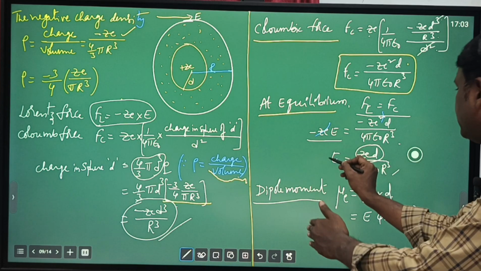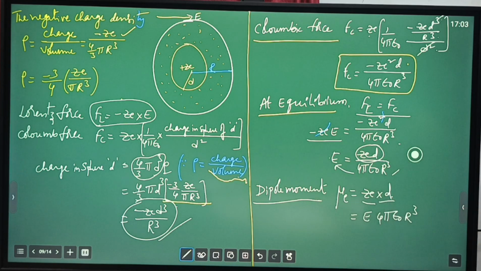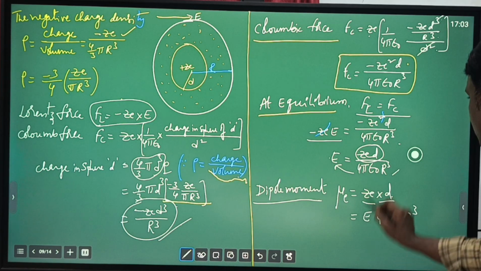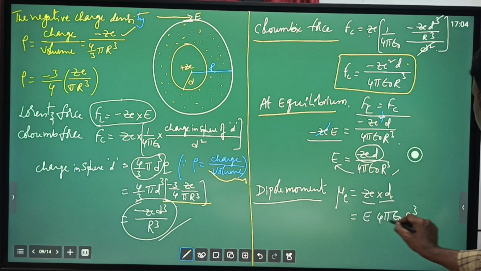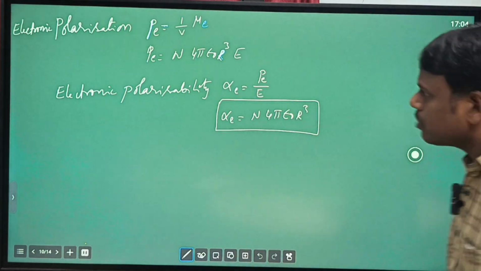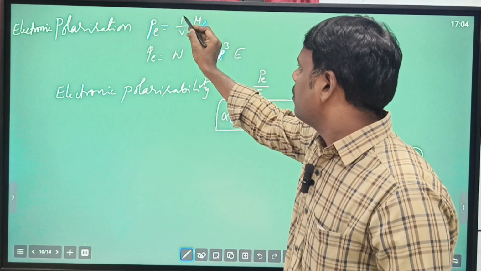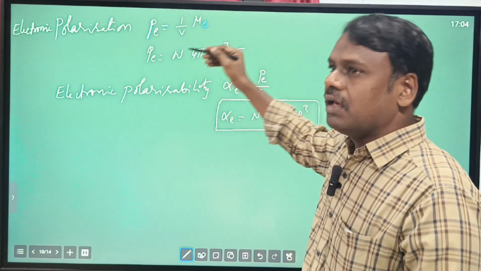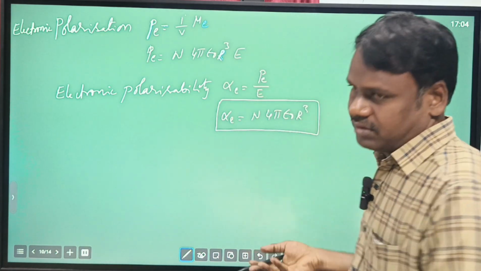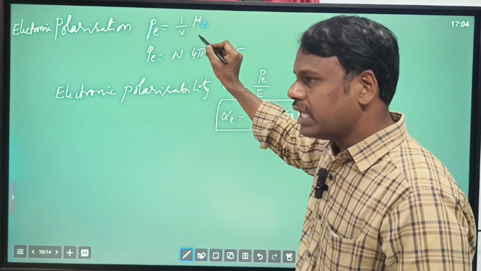So E into 4 pi epsilon naught r cube is equal to mu e. Simply, mu e is equal to 4 pi epsilon naught r cube into E. Now electronic polarization can be obtained from Pe equal to 1 by V into mu e, that means mu e by V.